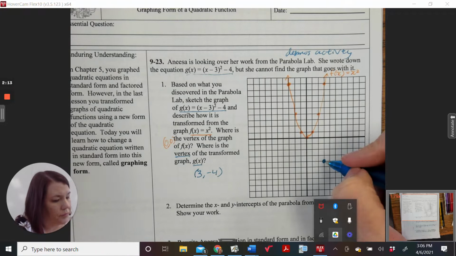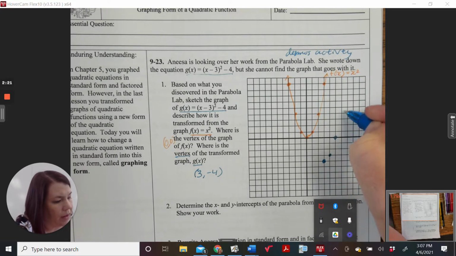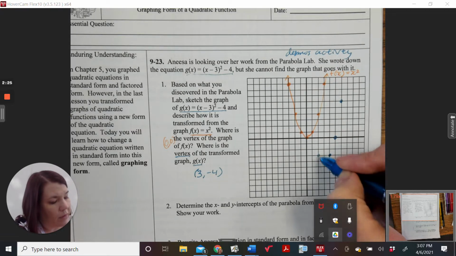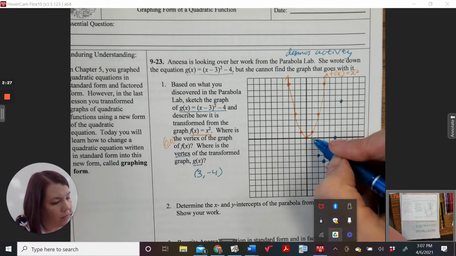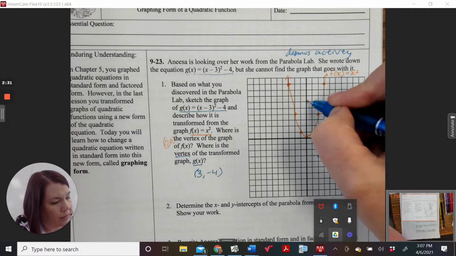So we're going to go 1 and 1, 2 and 4, 3 and 9, and to the left, negative 1 and positive 1, negative 2 and positive 4, negative 3 and 9.